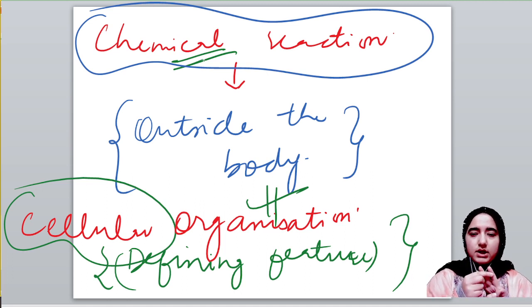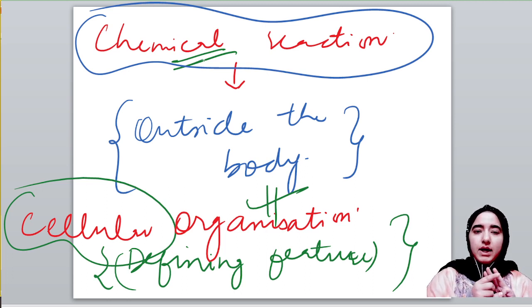Then we saw metabolism. In metabolism we saw that every organism is able to perform chemical reactions inside their body. But we have the exception here, that metabolism takes place outside the body as well, in the laboratory, as you have seen in chemical reactions during chemistry practicals. But I am again saying that metabolism is a characteristic feature. Then what becomes the defining feature here?